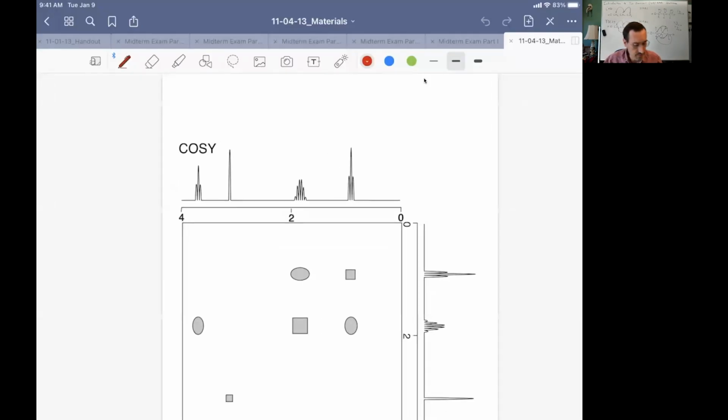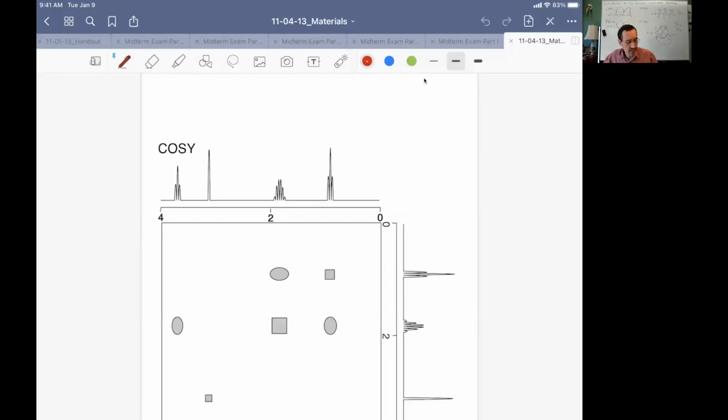All right, can people see my screen here? Yes. Great. All right, so this is my little diagram for propanol. And this is a representation of an HMQC spectrum of propanol.